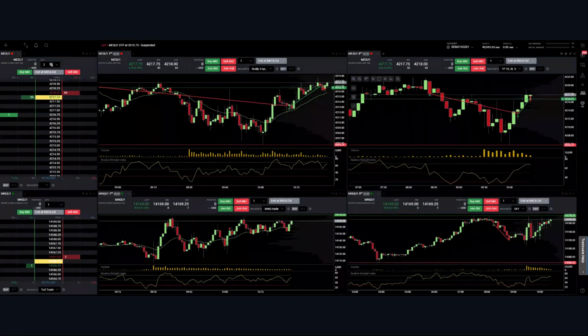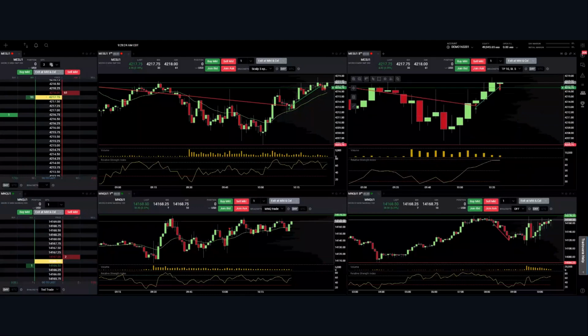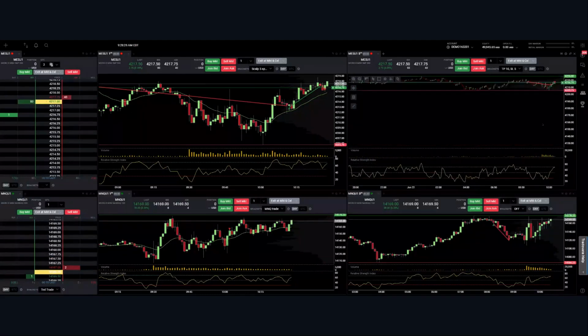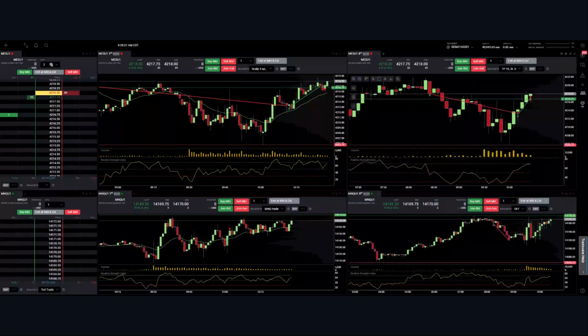Let's see if we get down into that bracket here. And let's see if we have the other brackets. Okay, so the other brackets are not in until the trade actually executes. And we may not get an execution here. It's wanting to go up.